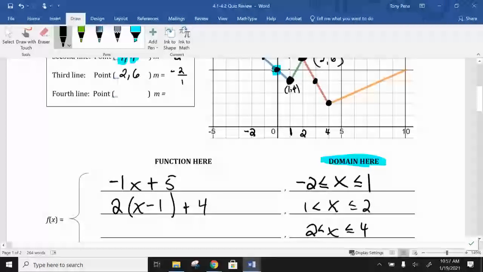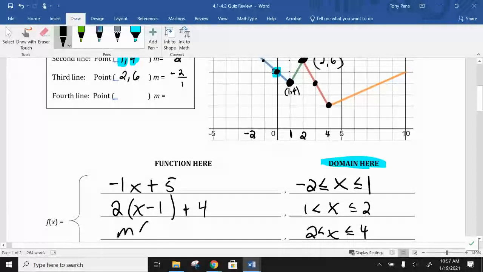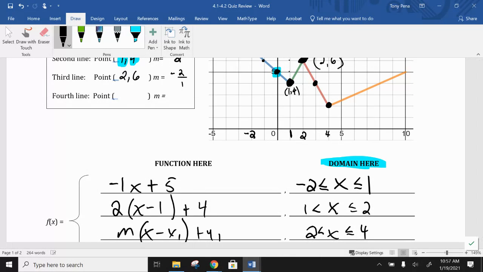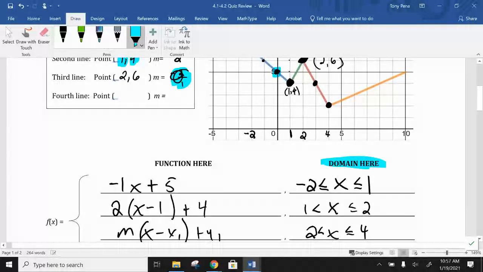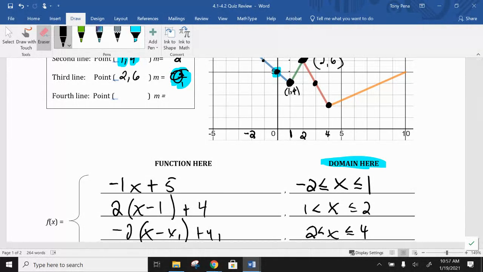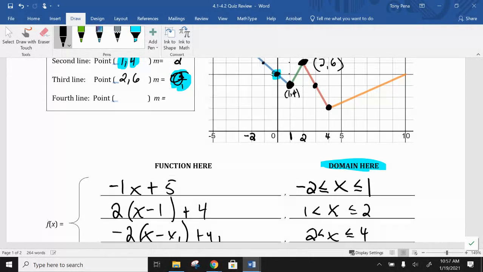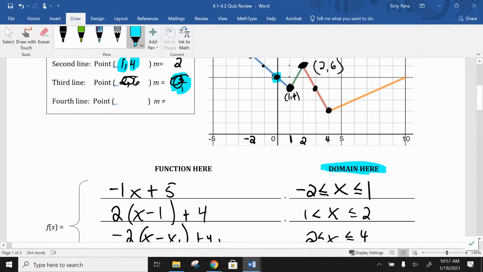So what that would then mean is we probably want to go with the point slope version. Our slope, if you remember, we already, up here, I crossed it out, but we had found that to be -2. So in this spot right here, you're going to throw in your -2. You could use different points. I wrote down the point 2, 6. So I'm going to take this 2 and plug it in for my x.